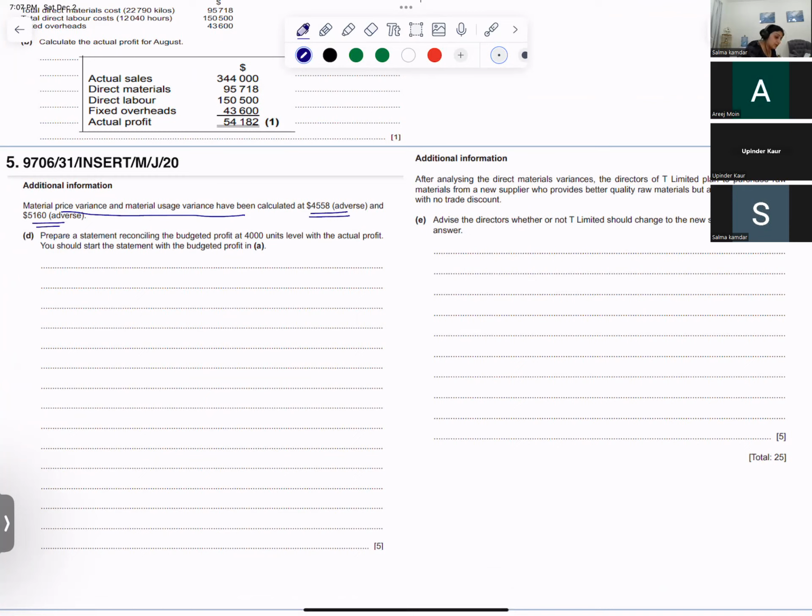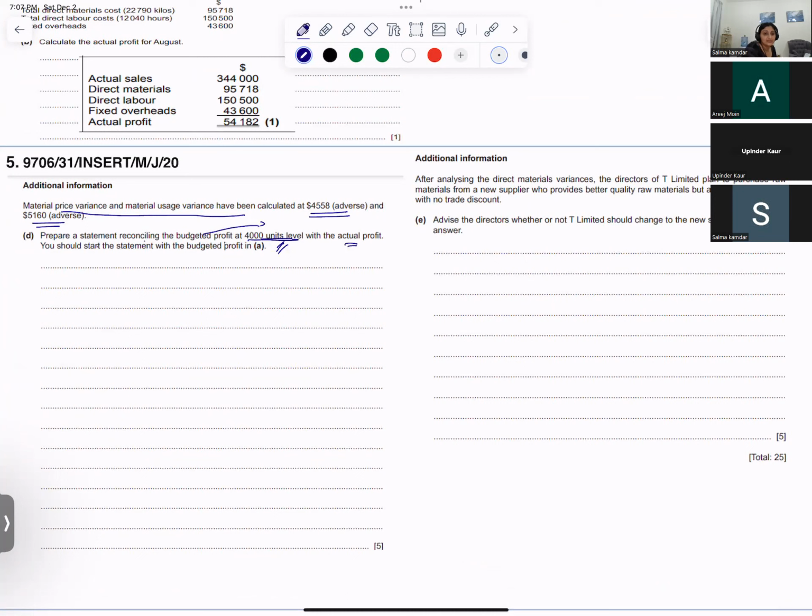Okay. What do they want from us? Statement reconciling the budgeted profit at 4,000 units level with the actual profit. Okay. Start with part A. So statement reconciling budgeted profit at how many units? 4,000, with the actual profits.